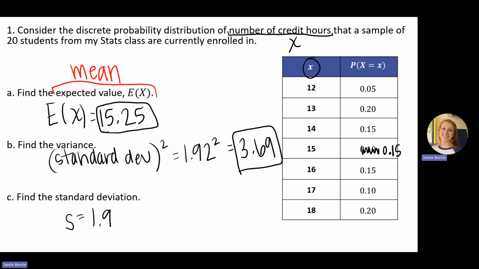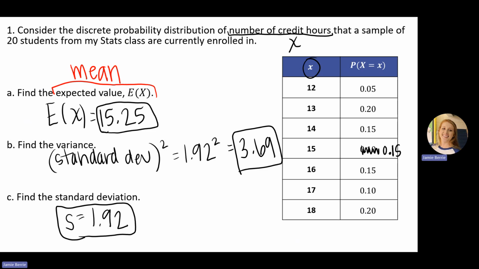I don't want you to worry too much about that. That's sort of beyond the scope of this class. But just know that it will leave S blank and it will report the standard deviation in that sigma line. All right, so we've got our statistics here, our expected value or mean, our variance, and then our standard deviation.